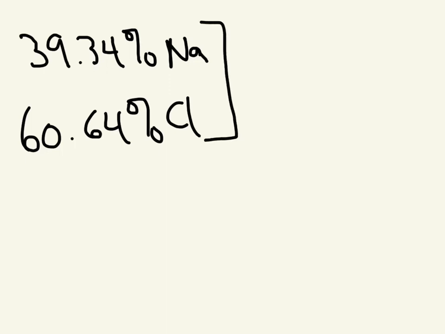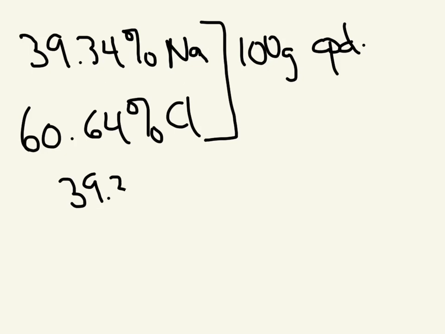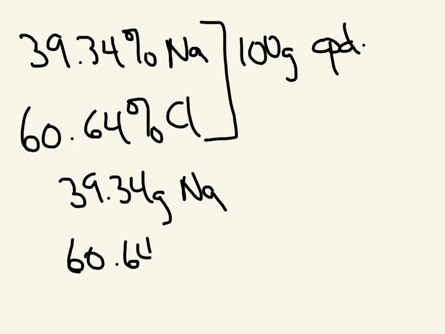That means if I have 100 grams of the compound, 39.34 grams of that would be sodium, and 60.64 grams of that would be chlorine. Then you follow those same two steps: you go grams to moles, and then you determine the smallest whole number ratio.